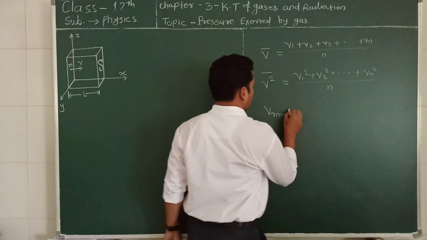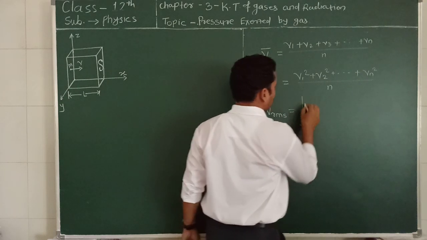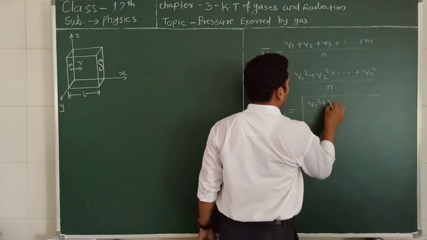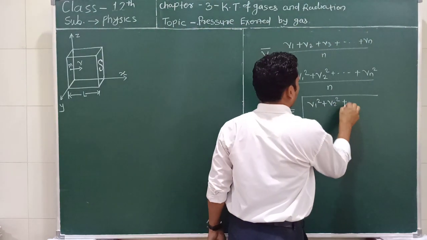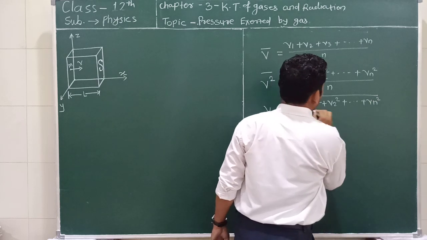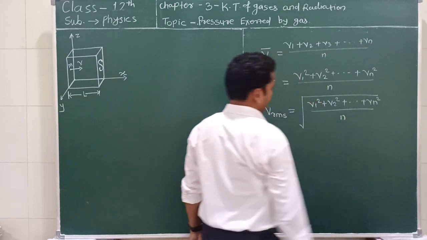It is equal to the square root of v1 square plus v2 square plus up to vn square, divided by n.